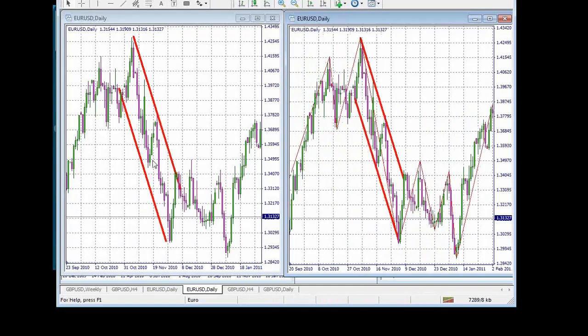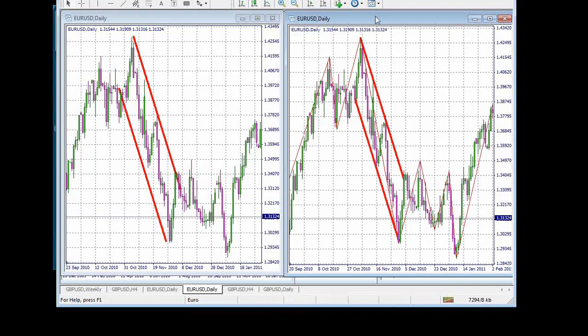You can see we have the same. So on daily we have one downtrend, and let's see what the cycles are and how the move is on this downtrend.